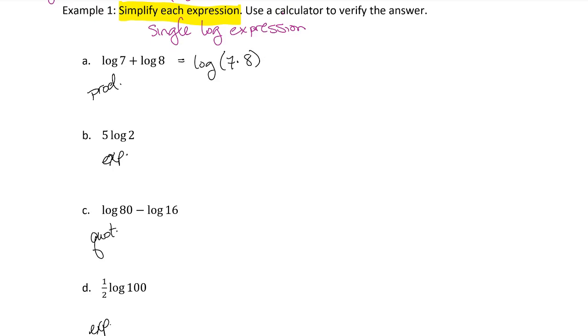Seven times 8. And so I could even rewrite this as log of 56.